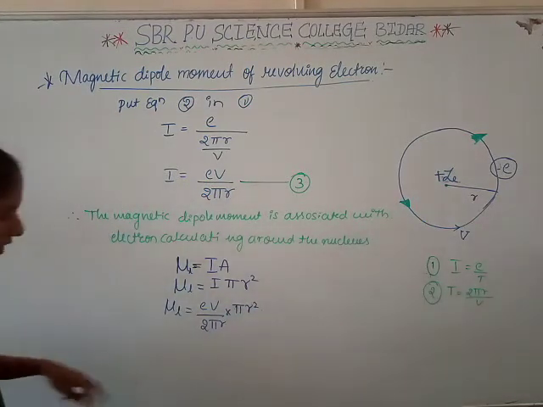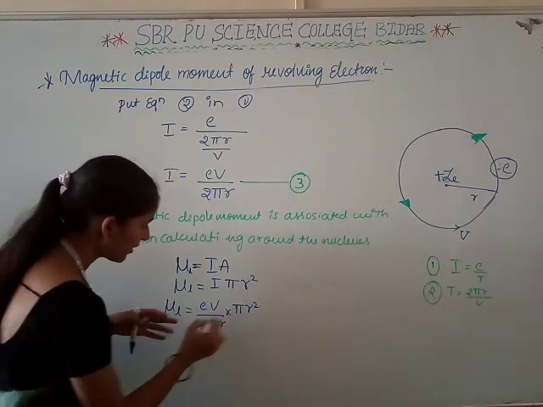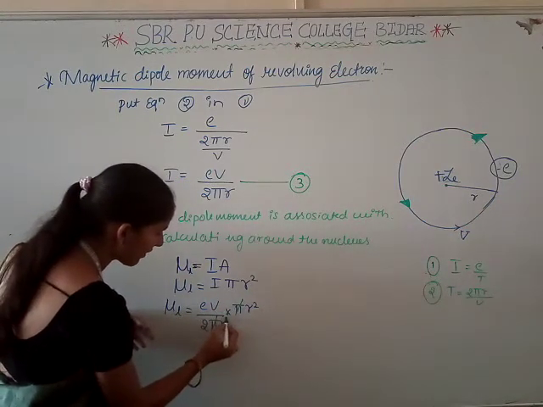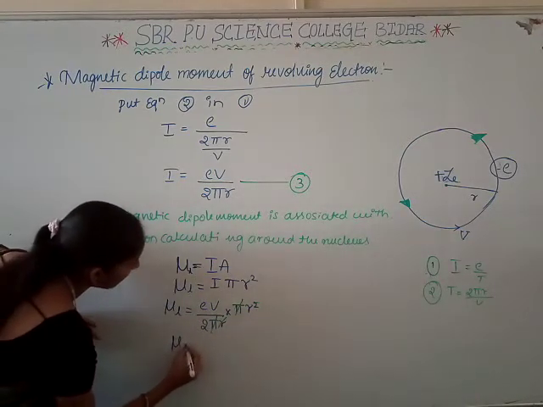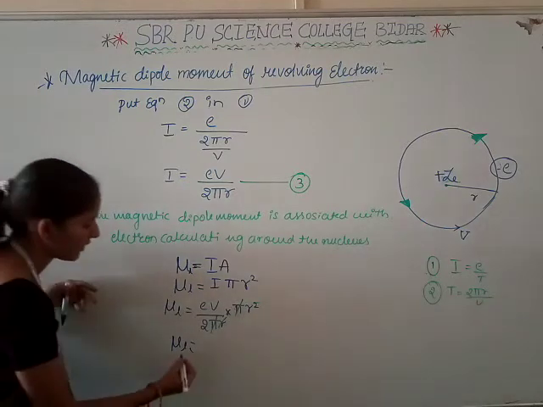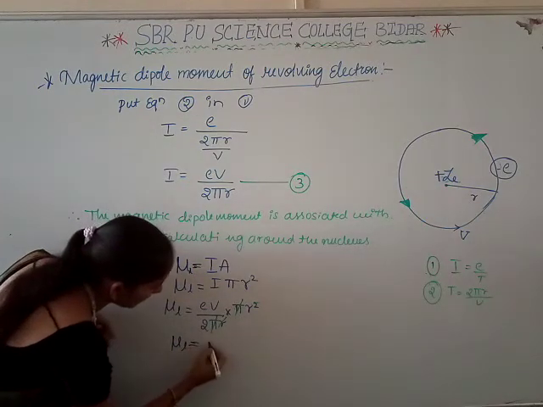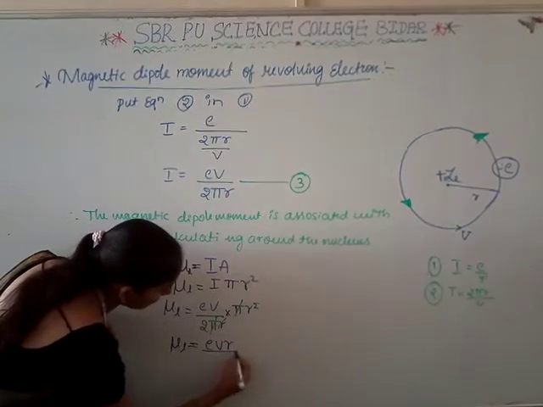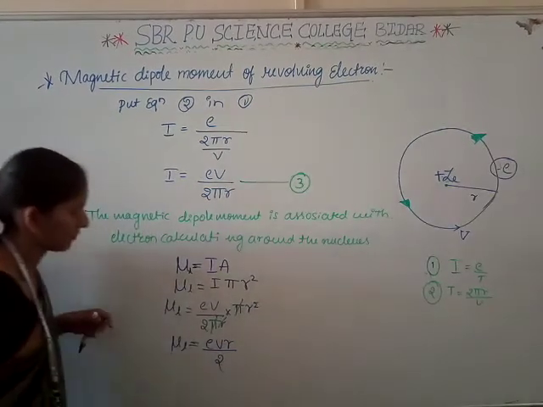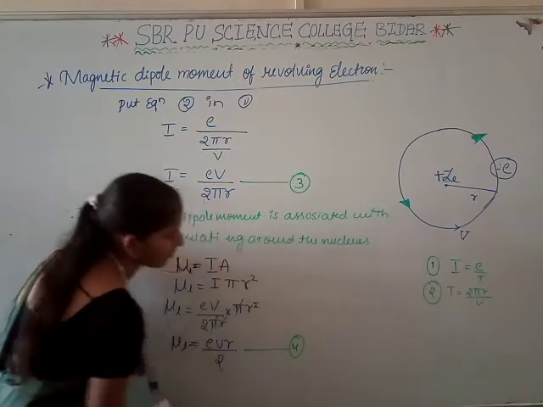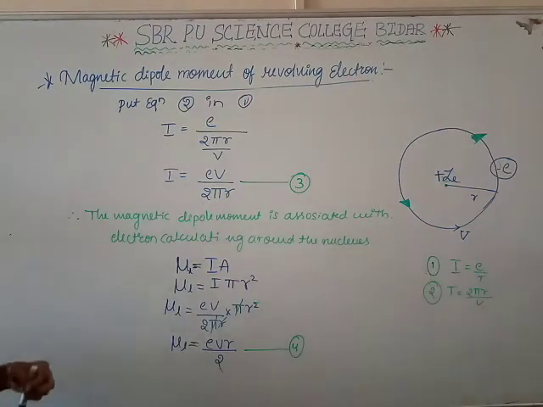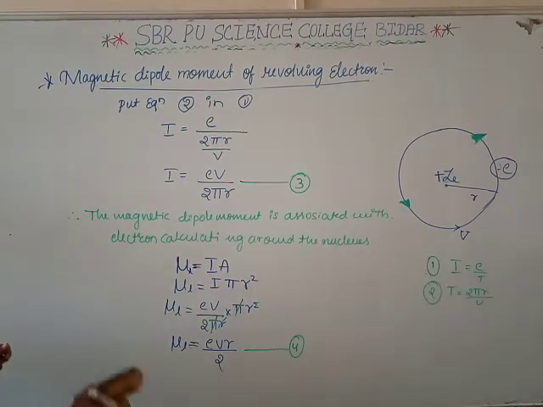Pi gets cancelled, and r with one r is cancelled. The remaining term is mu L is equal to EVR divided by 2. Consider this as equation 4: mu L is equal to EVR divided by 2.